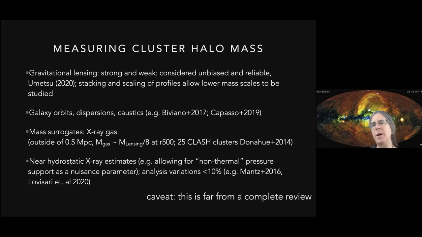If you measure the gas mass to enclosed radii outside of about 0.5 megaparsec, the gas mass is about 1/8 of the lensing mass at about R500. I did that with a study using CLASH clusters. CLASH was a sample of 25 clusters that was studied with the Hubble Space Telescope, and it attracted a lot of ancillary data. And this has been measured for other cluster samples.